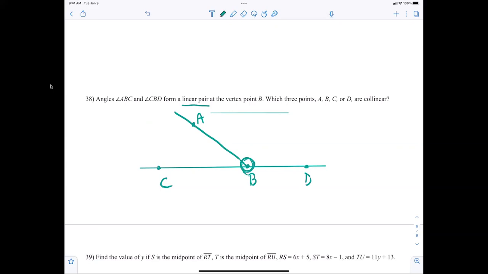Do you agree with that? But then if I do CBD, I'm going to have to do this. CB, I would have to throw D this way. So still A, B, D are the ones that are collinear. Do you agree with that?